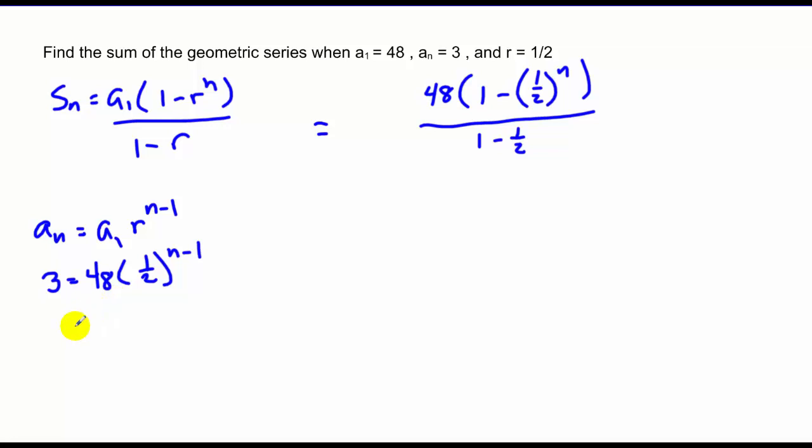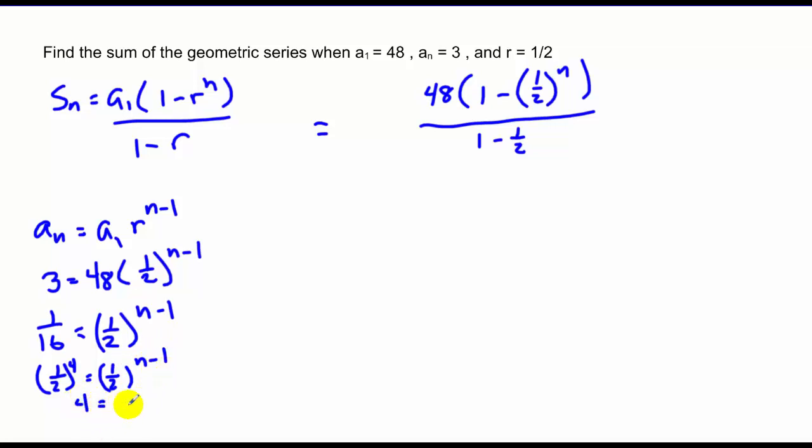So this is 1/16 is equal to a half to the n minus 1 power. I can get the same base. This is a half to the fourth is equal to a half to the n minus 1. Therefore, 4 equals n minus 1, and n equals 5.